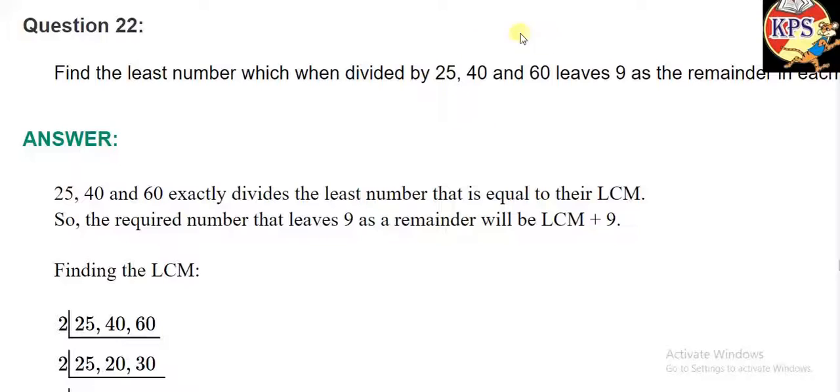First you will find out the LCM of all these numbers, and then you will add 9, the remainder, to the LCM.